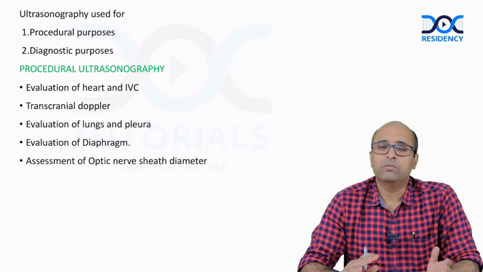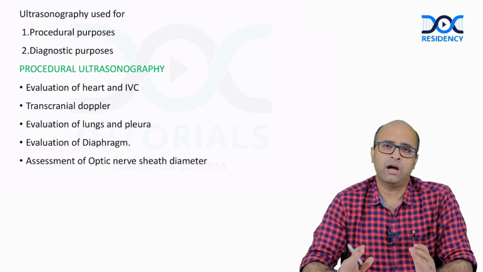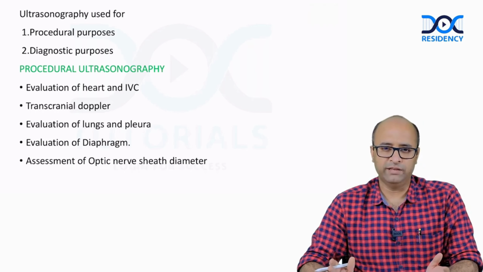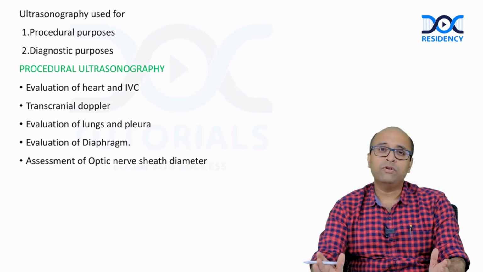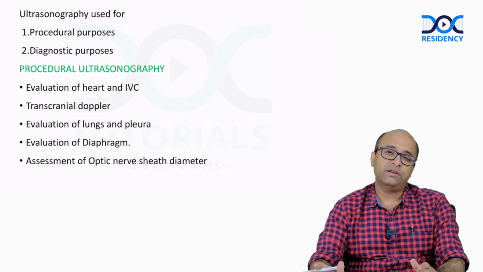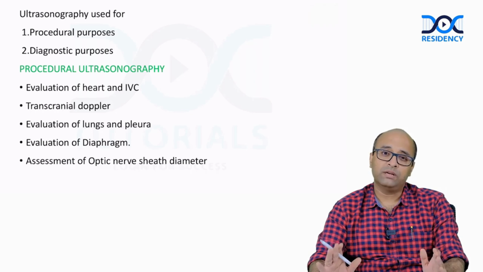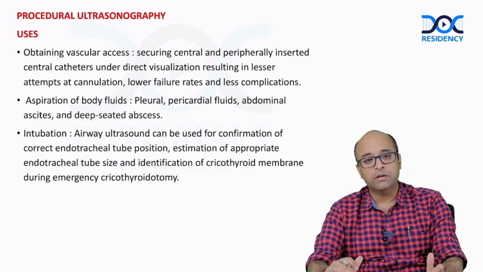So when we do procedural ultrasonography, we usually do it to evaluate heart status, to evaluate IVC status, to do a transcranial Doppler in case we want to see how bad is the circulation in the brain, to check the status of lung and pleura, to evaluate movement of diaphragm, and to assess optic nerve sheath diameter in case of subarachnoid hemorrhages.